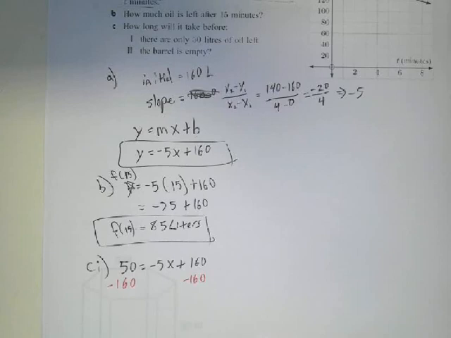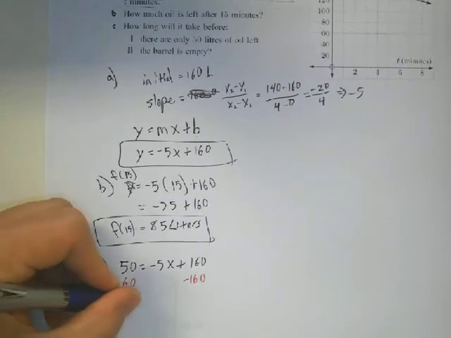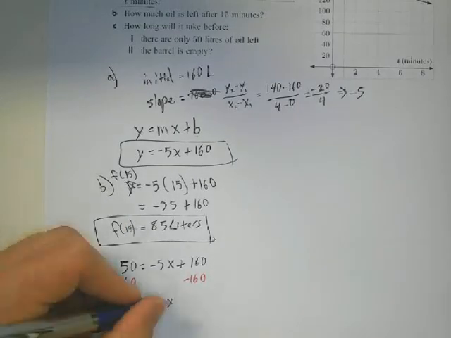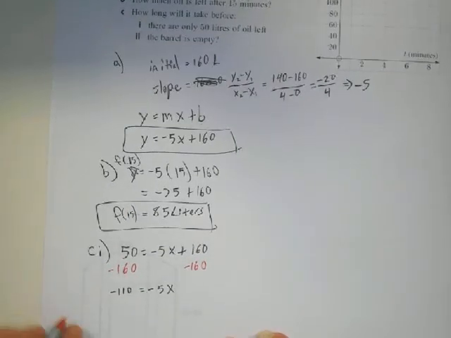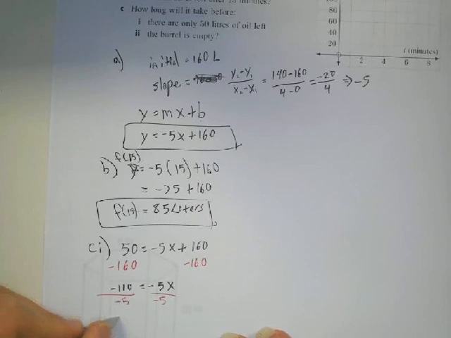And then we get negative 110 equals negative 5x. And so now we divide both sides by negative 5. And we get x equals 22 minutes.